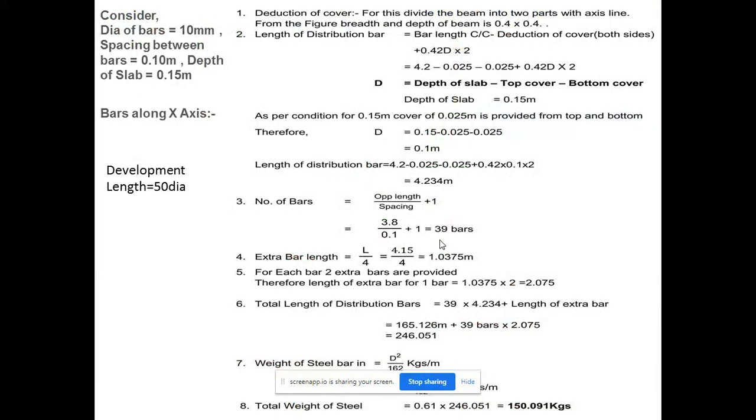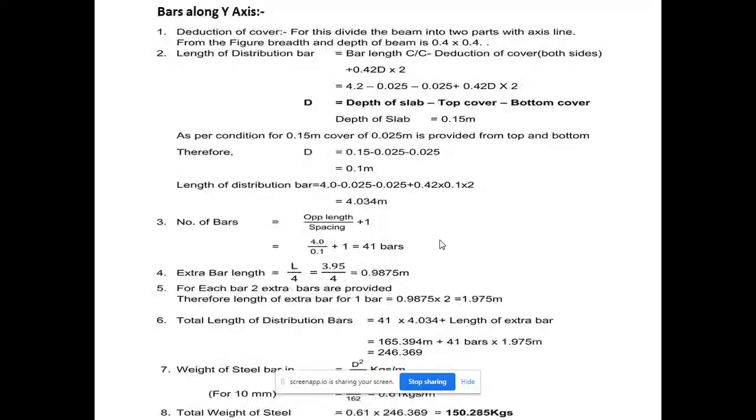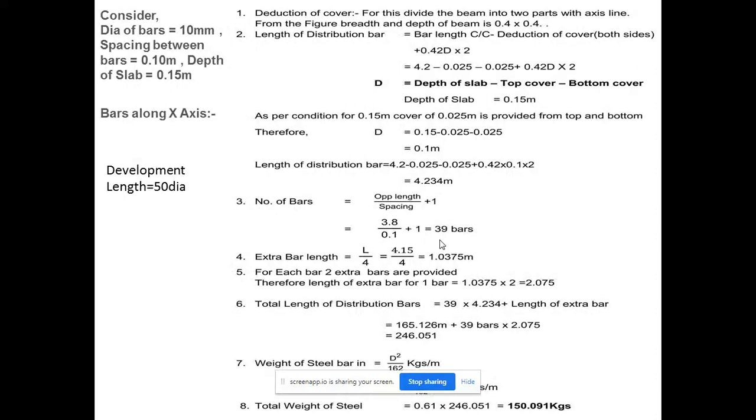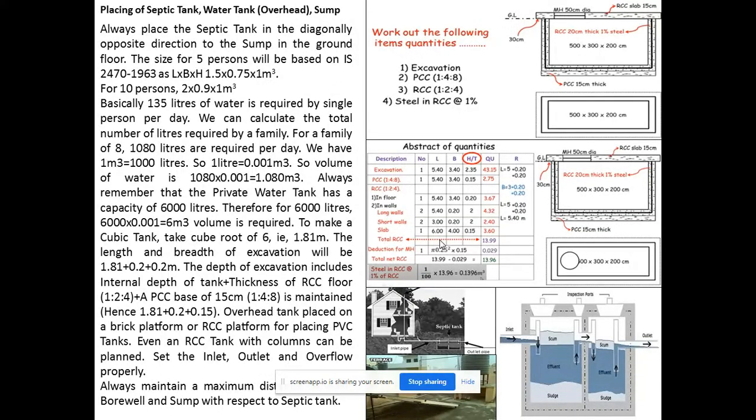And here we have the complete calculation for a two-way slab, and the output of this will be like we can find out the depth of the slab, the number of bars required, extra bar lengths, total length of the distribution bars, weight of the steel, total weight of the steel. The same thing can be done across y-axis also. You have to do it for x-axis as well as y-axis.